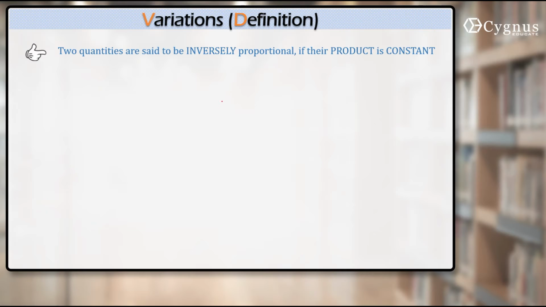Two quantities are said to be inversely proportional if their product is constant. Why am I saying this? A is inversely proportional to B. When does it happen? If I say that with an increase in A, there's a decrease in B, or with a decrease in A, there's an increase in B, so I can see the inverse effect here. How do we remove this proportionality sign?